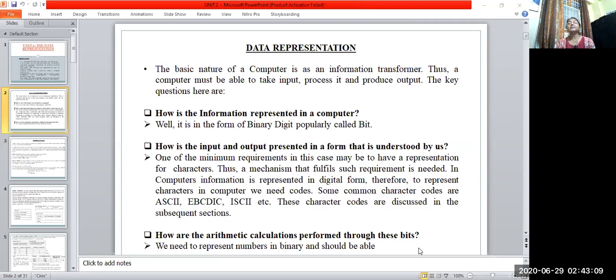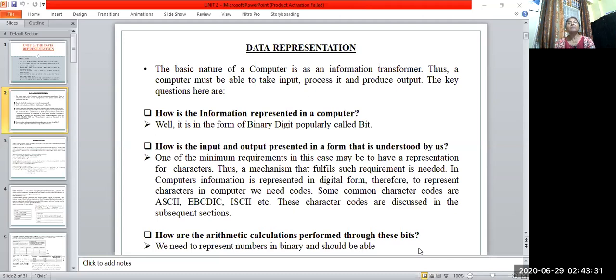A digital signal is a signal which has only two levels of voltage or current. You can just say the signal has only two discrete levels of voltage or current, and these two discrete levels are represented by the binary numbers 0 and 1.